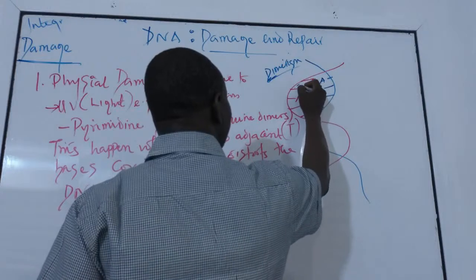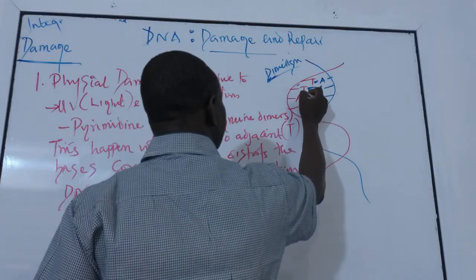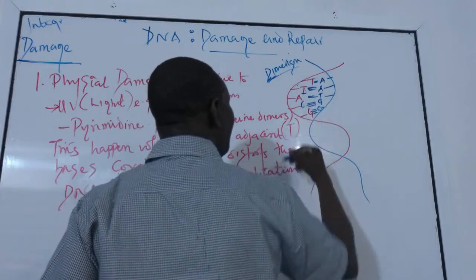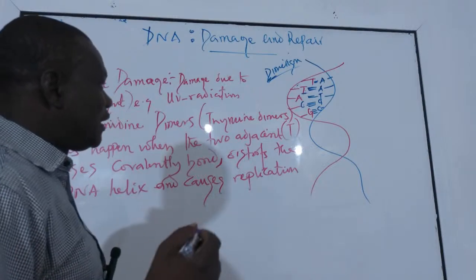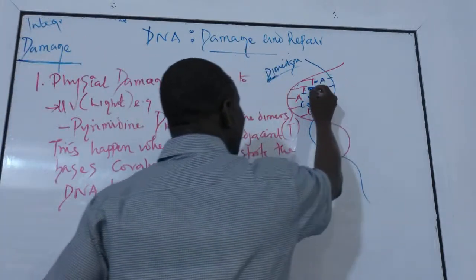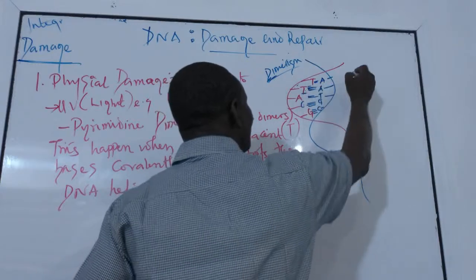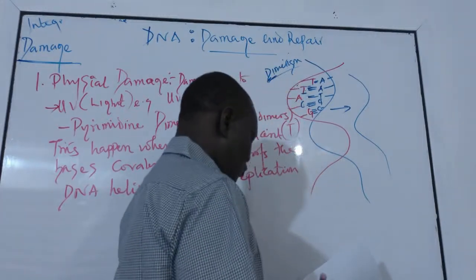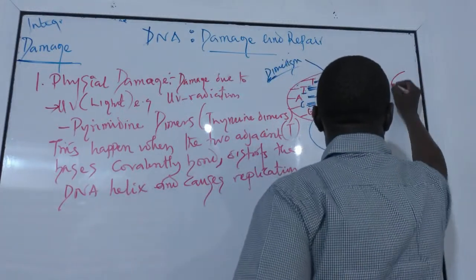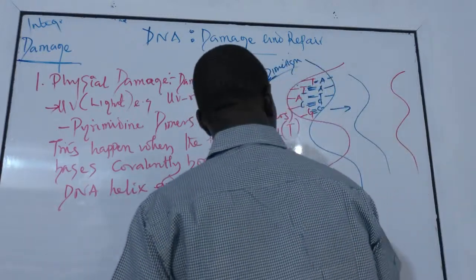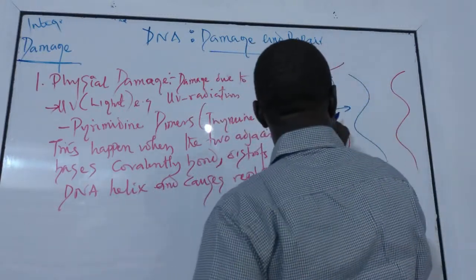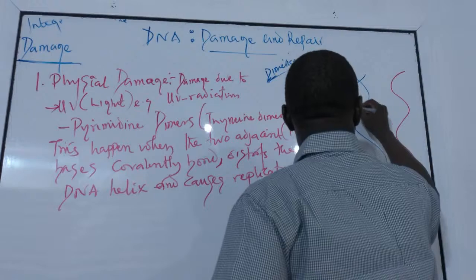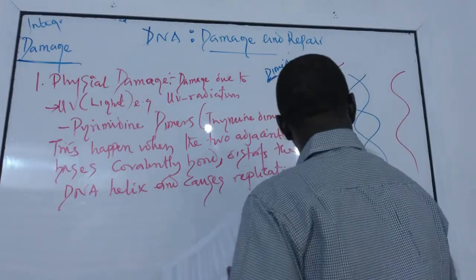Whenever there is dimerism, you have thymine and thymine covalently bonded to each other. If this one now undergoes replication, it's going to replicate itself. Replication means that this strand is going to produce another strand that's going to be like that.